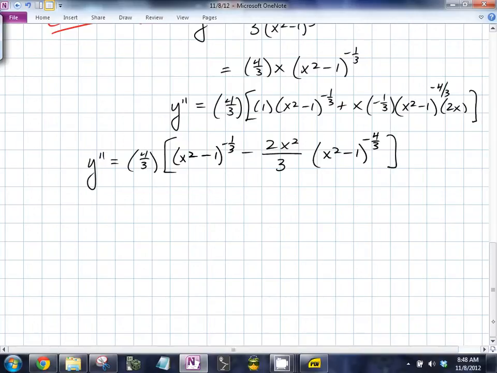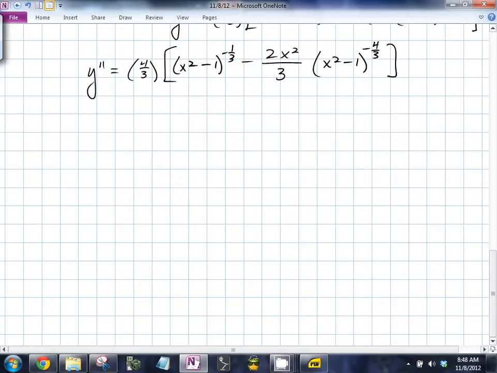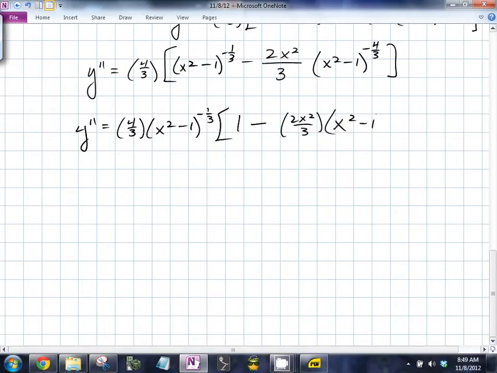What can I factor out of both of those? Let's factor out x squared minus 1 to the negative 1/3. Why are we factoring things out? Why is it nice to factor things out? What are we searching for? When it equals 0. We want to make this a product of things. So we end up with 2x squared over 3 times x squared minus 1 to what power? Negative 1, yeah, negative 3 over 3, which is negative 1.